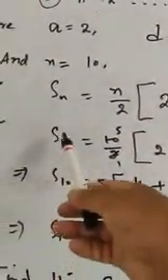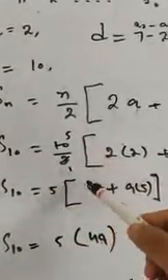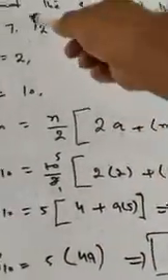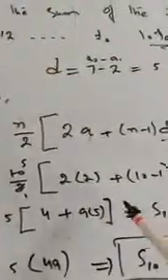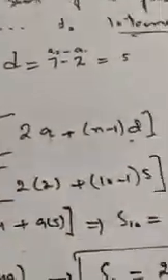So Sn is equal to n divided by 2 into 2a plus n minus 1 into d. Here the total number of terms is 10. 10 divided by 2 into 2a, where a is 2, plus 10 minus 1 into d, and we found that d equals 5.